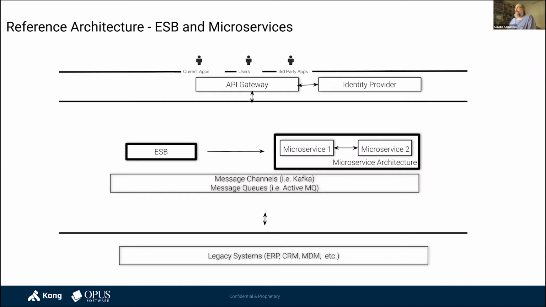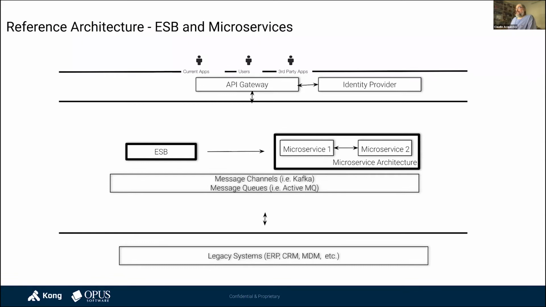On your left, you've got your old-fashioned ESB running your SOAP-based services. On the other hand, you've got the brand new microservice architecture you are currently focused on. So the question is, how should we proceed with this new microservice development as we are retiring the services running on the current enterprise service bus?